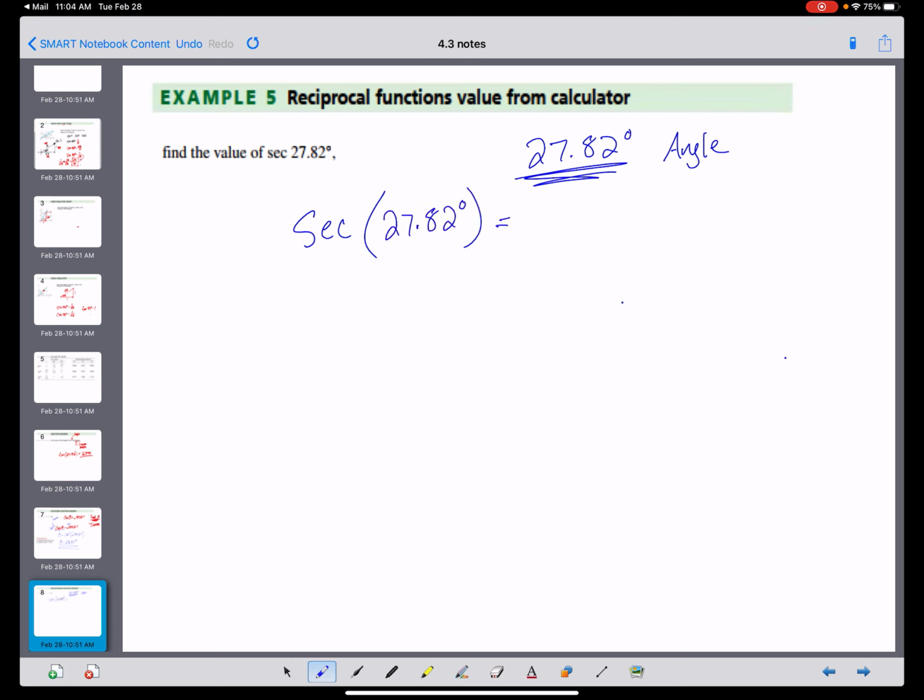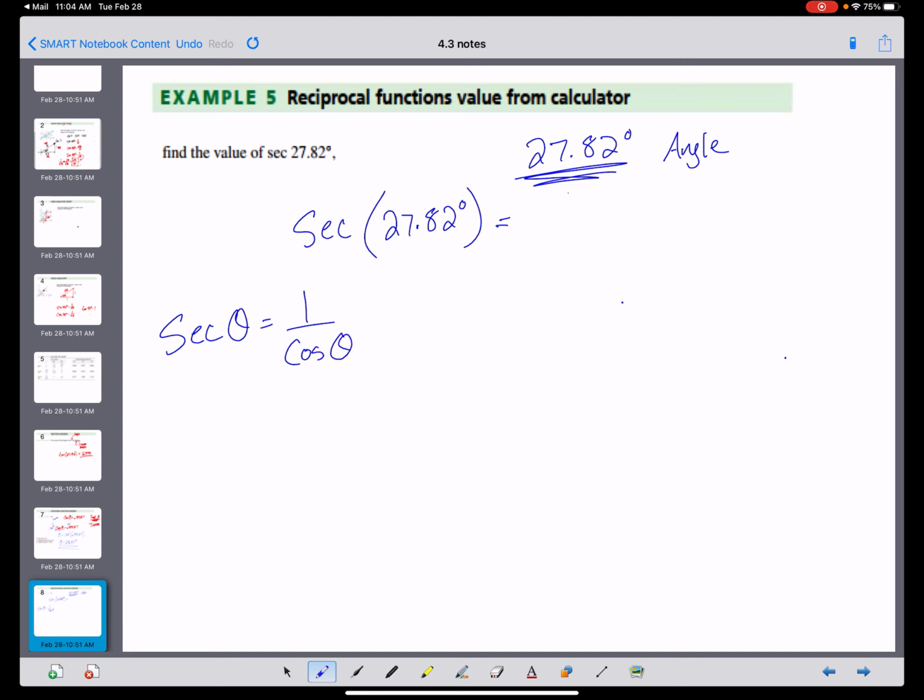You put that in your calculator. But there is no secant button in your calculator. So what do we do? Well, your calculator only has sine, cosine, and tangent. Hopefully you remember that the secant is just the reciprocal of cosine. So remember that secant of some angle is just equal to 1 over the cosine of that same angle.